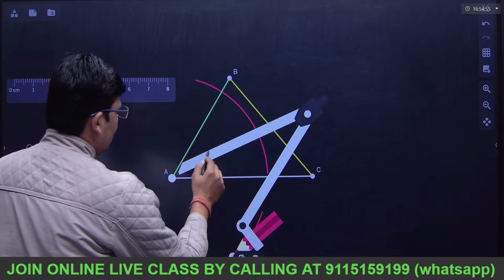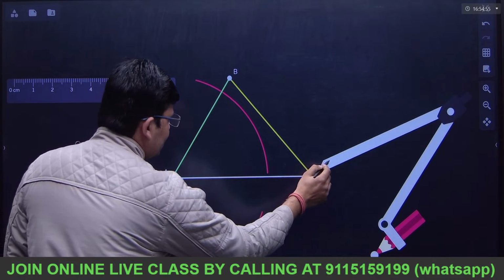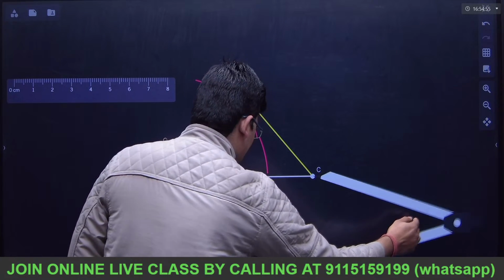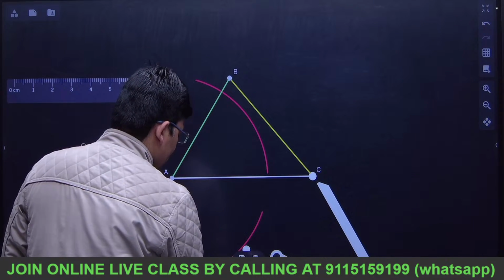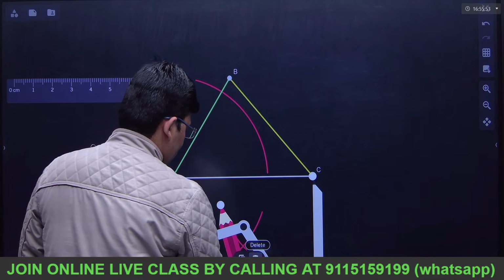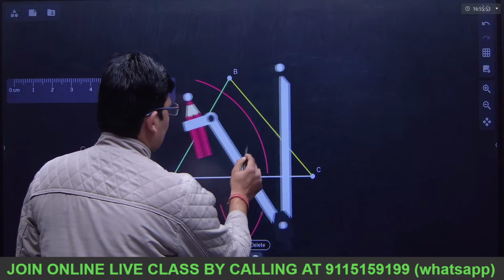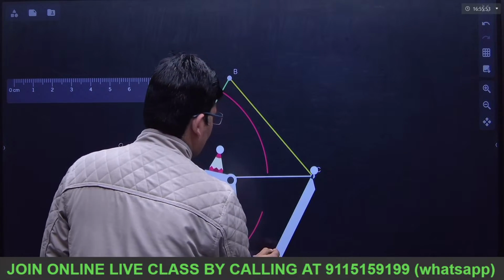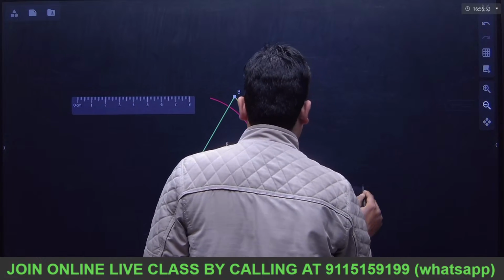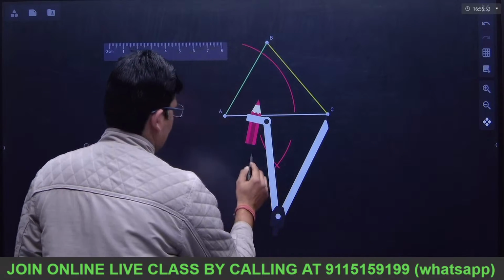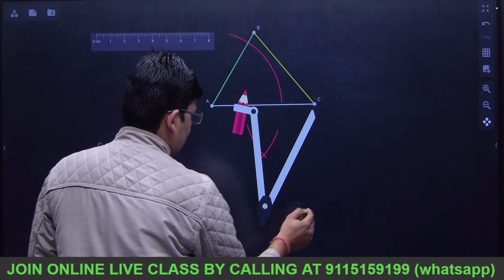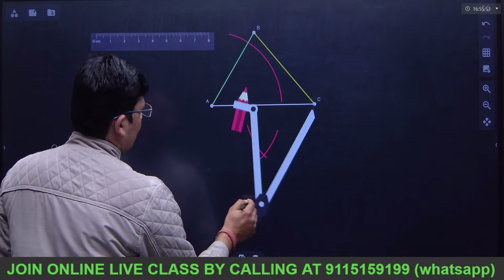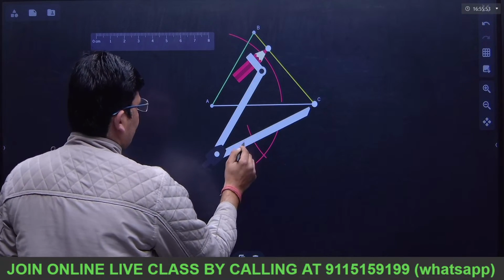Alright. Then with the center as C, again I will mark 2 more points, one here, and rotating it, the next point is here.